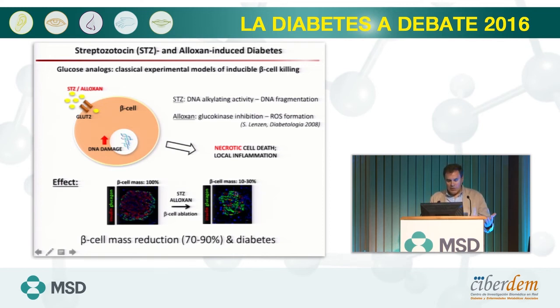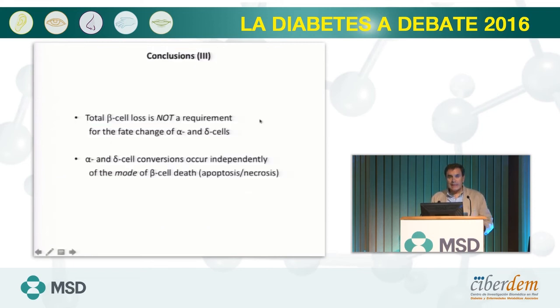Just to summarize, what she observed in these classical models of experimental diabetes is exactly the same. So a total beta cell loss is not a requirement for having this cell fate conversion of alpha cells and delta cells. And these things also happen independently of the mode of beta cell death, because in these animal models, beta cell death is by necrosis, whereas with the diphtheria toxin it is by apoptosis.